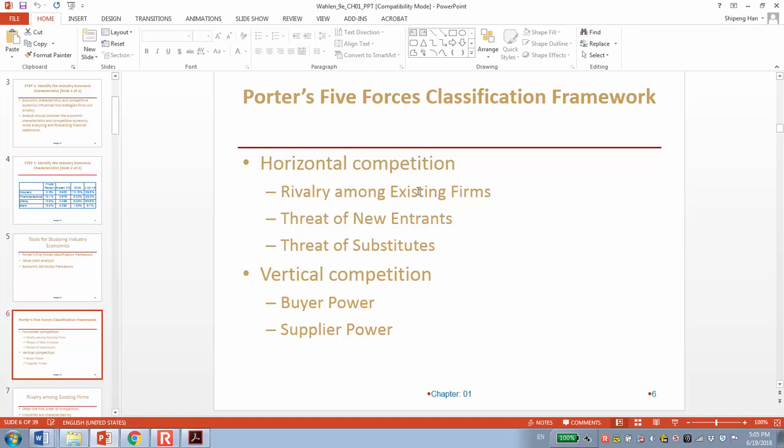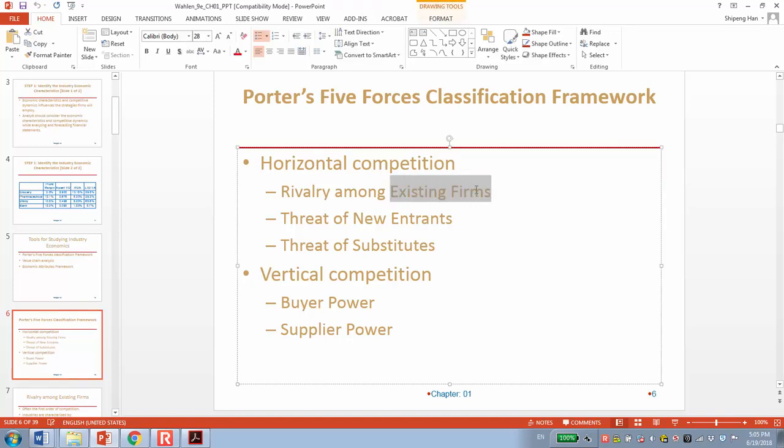Okay, they are in the same industry like existing firms, right? They are in the same industry, they are peer firms, so this will affect the overall competition in one industry. And the threat of new entrants determines the potential competition.